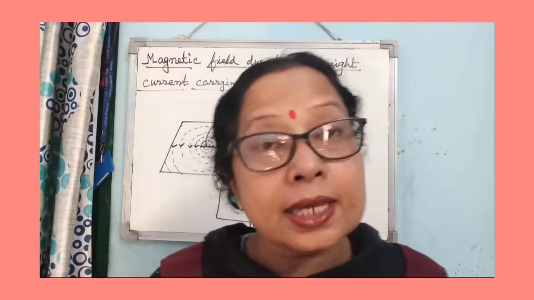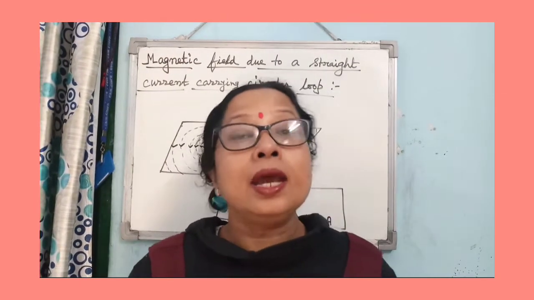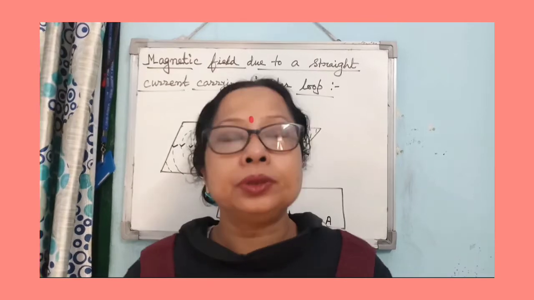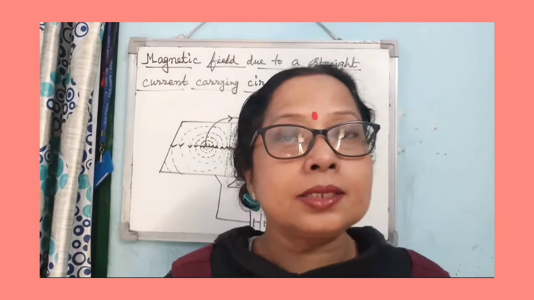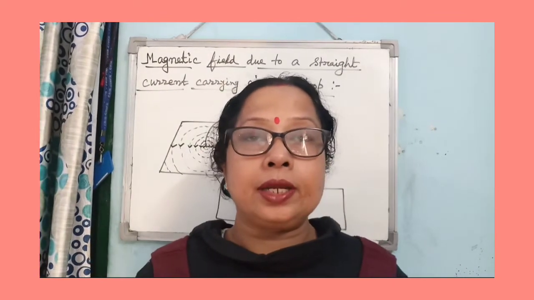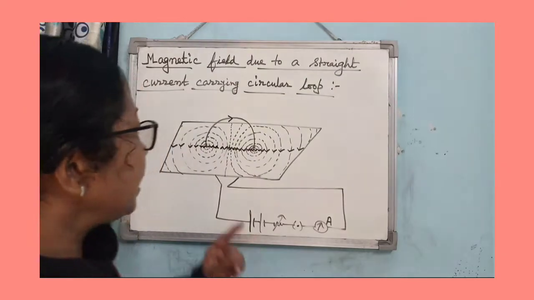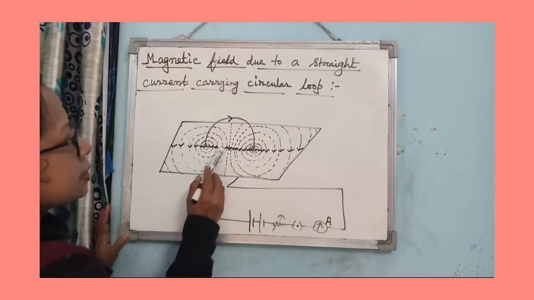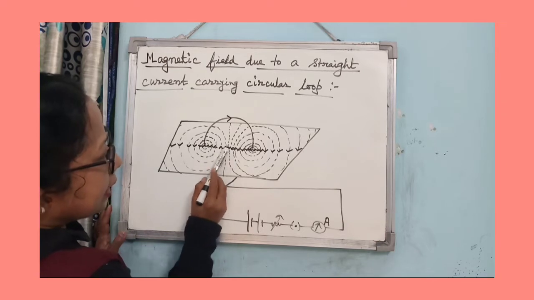So, in this case also, the magnetic field is produced on a plane perpendicular to the plane of the circular loop. Is that clear? This is the first conclusion you have to write, you have to learn, you have to remember till the board exam.